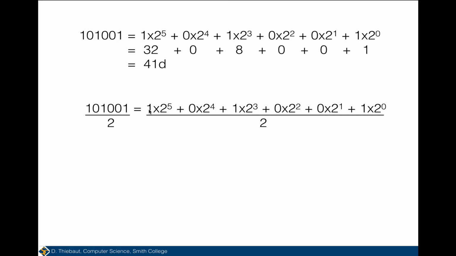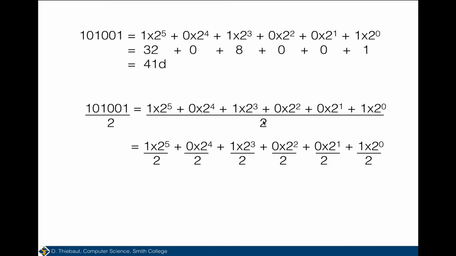So this is equivalent to taking the expansion of the number, dividing it by 2. So I can distribute the divider to all of the terms, all right? And you see that it's 1 times 2 to the 5th divided by 2, and so on. And you realize that what I'm doing here is that I'm decreasing the power of 2 by 1 because I'm dividing by 2 every term.